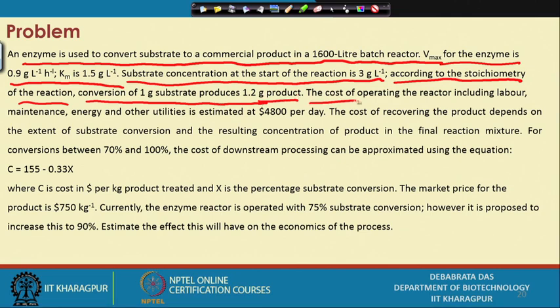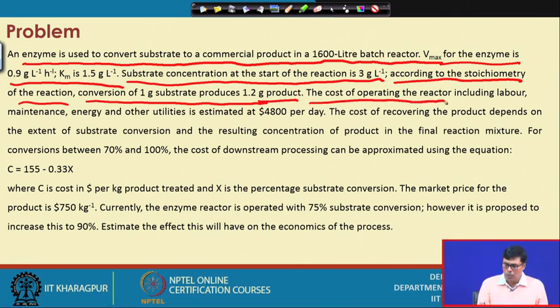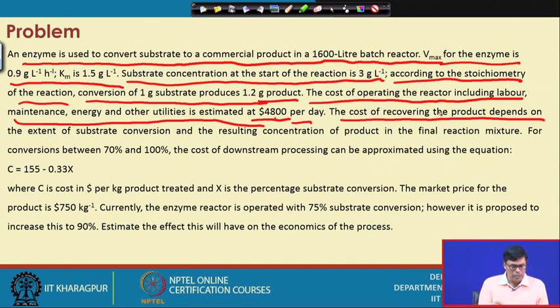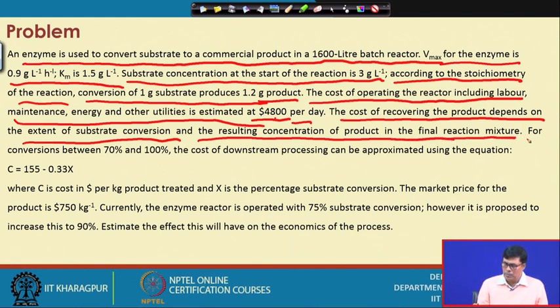gram of product. The cost of operating the reactor, including labor, maintenance, energy and other utilities, is estimated to be $4,800 per day. The cost of recovering the product depends on the extent of substrate conversion and the resulting concentration of the product in the final reaction mixture.